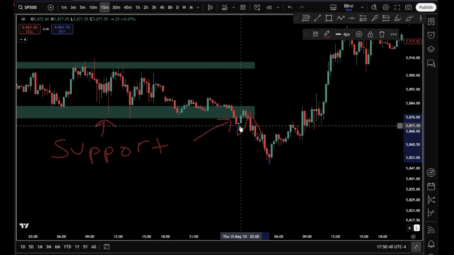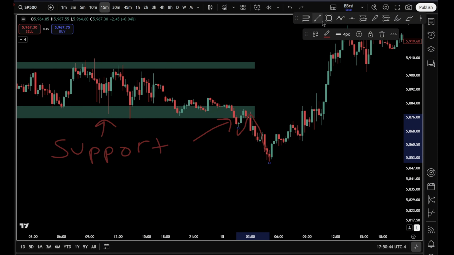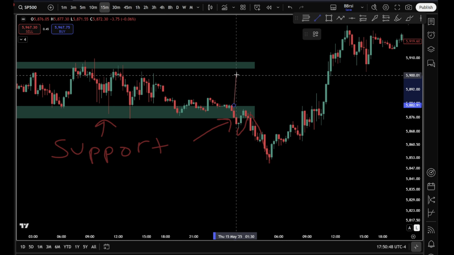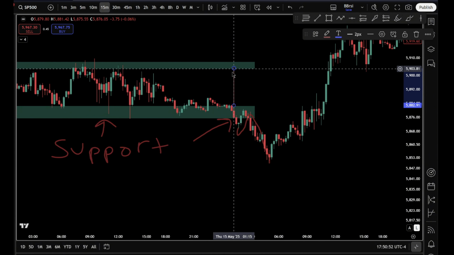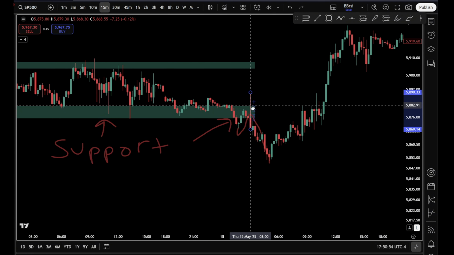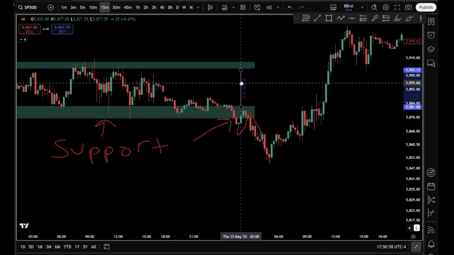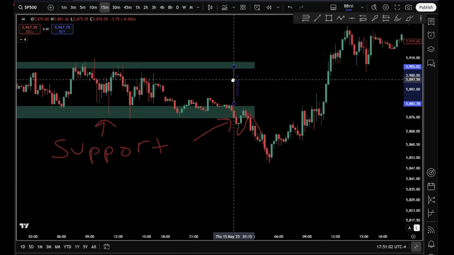You see, when it broke here, it went down. And it was about the same leg as this. So if you look at this, it was about the same amount. This is usually how the market moves, but nothing is perfect.